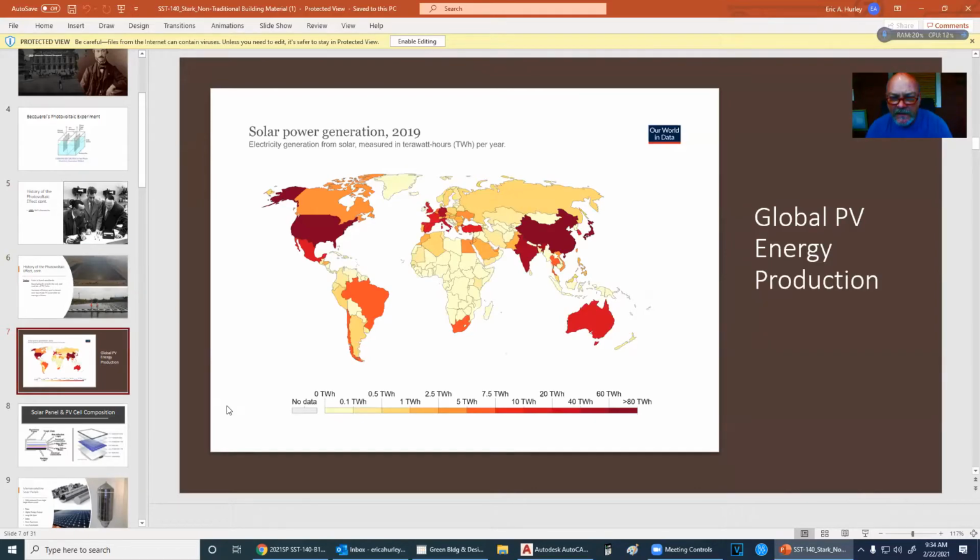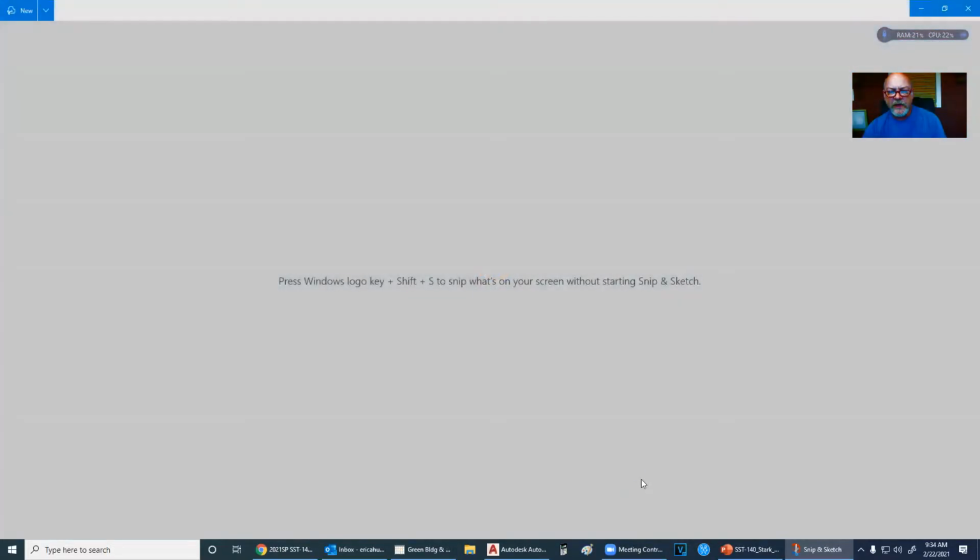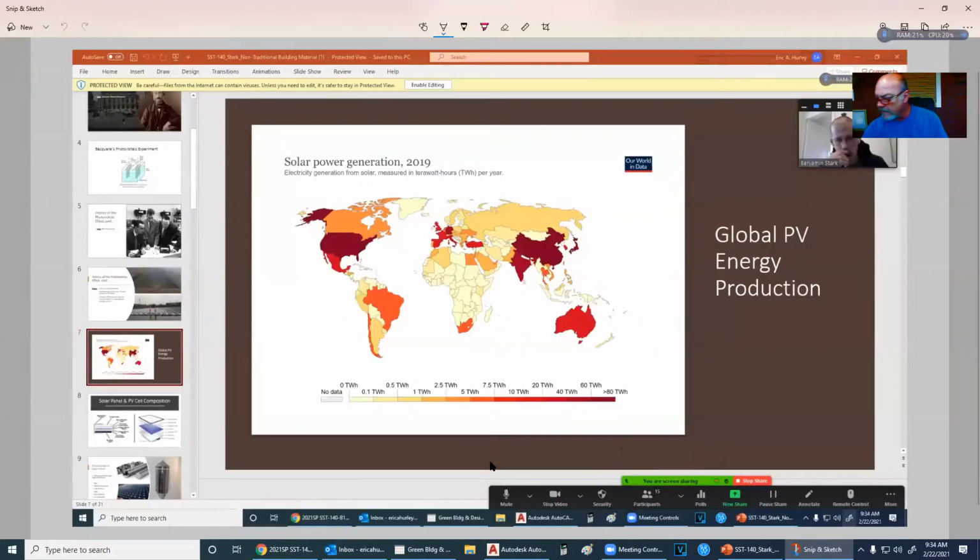So this is kind of an interesting map, and so when we're thinking about solar, in most cases we need the sun. And I'm going to take a shot at this. I don't really know exactly, but somewhere right in through here are our tropical lines.